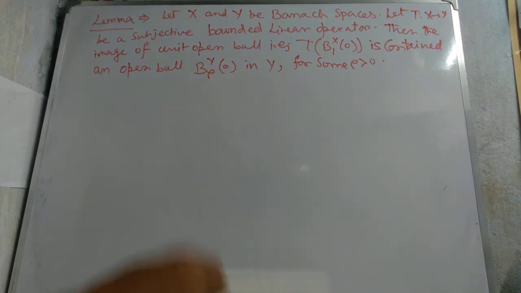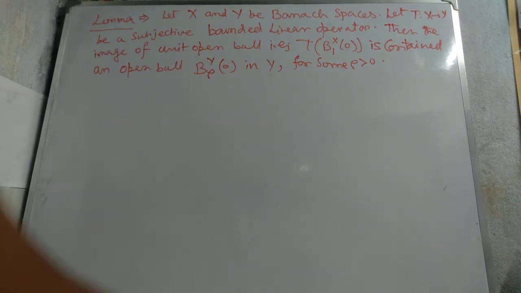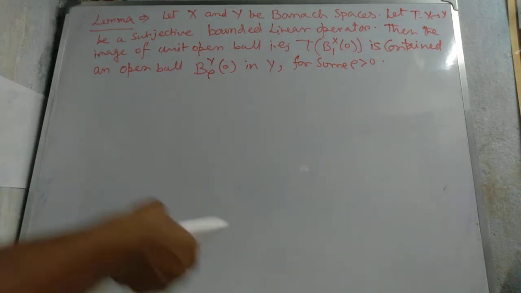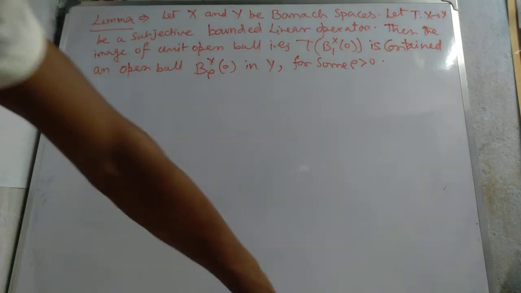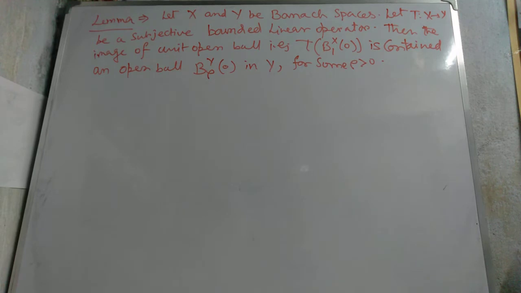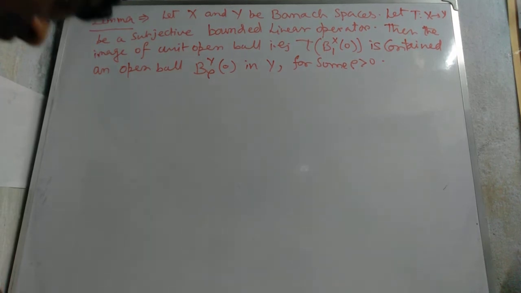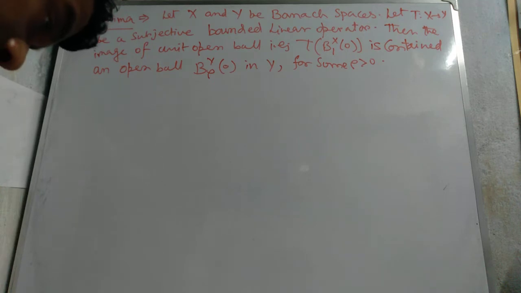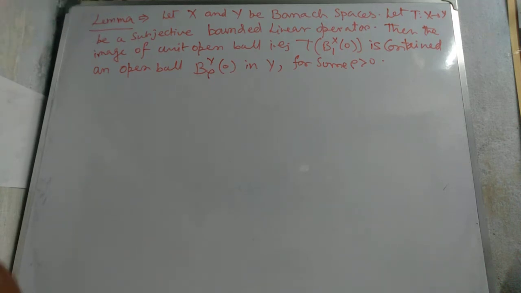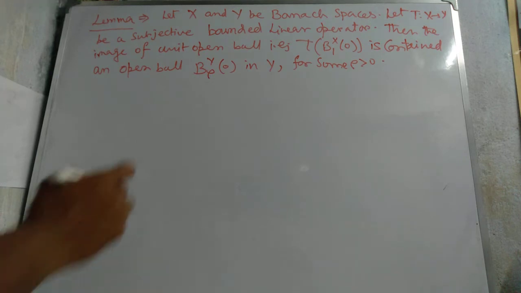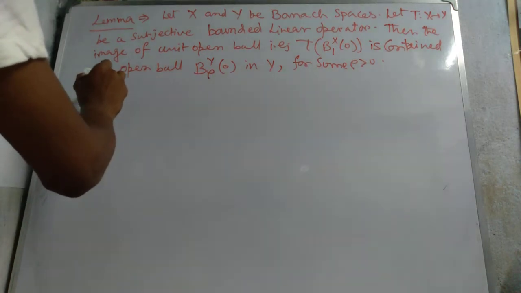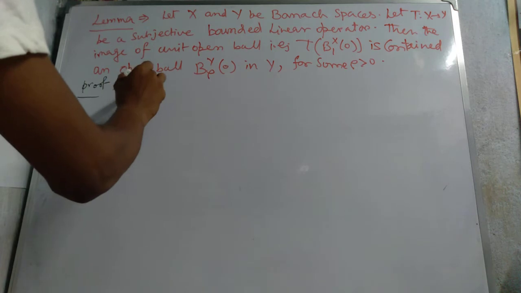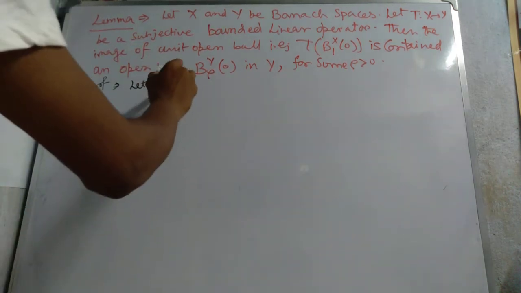Now we prove this important lemma. This is typically a hard and long lemma, but we prove this first, then we go to the proof of the open mapping theorem. Now we start. First let r be greater than 0.